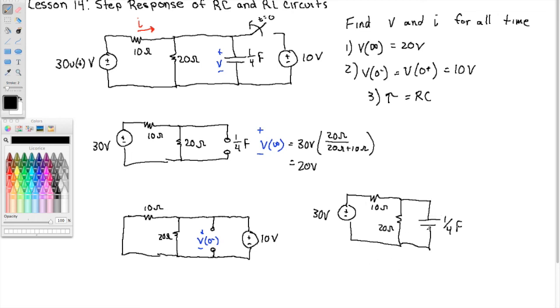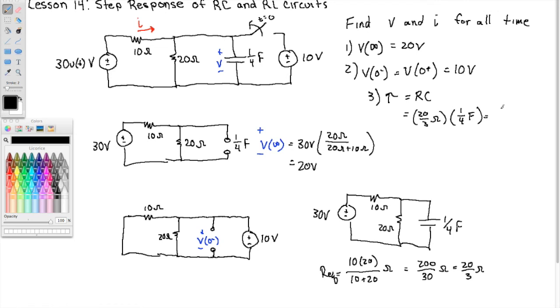So we want to remove the capacitor and look inside the terminals and turn off the voltage source, and that makes the 10 in parallel with the 20. So we have 10 times 20 over 10 plus 20. This is the equivalent resistance, in ohms. That's 200 over 30 ohms, 20/3 ohms. So the time constant then is 20/3 ohms times 1/4 farads, which is 5/3 seconds.